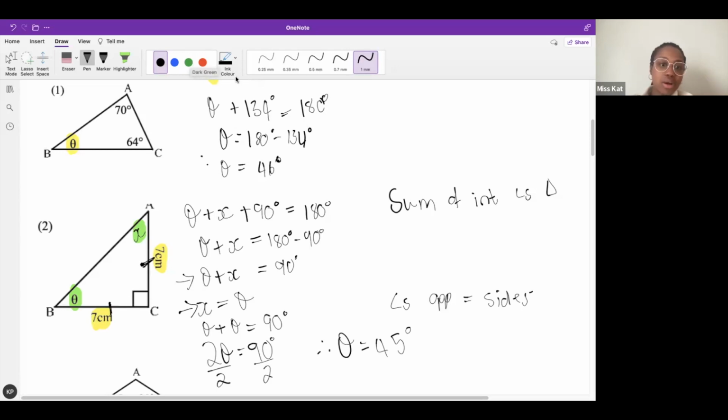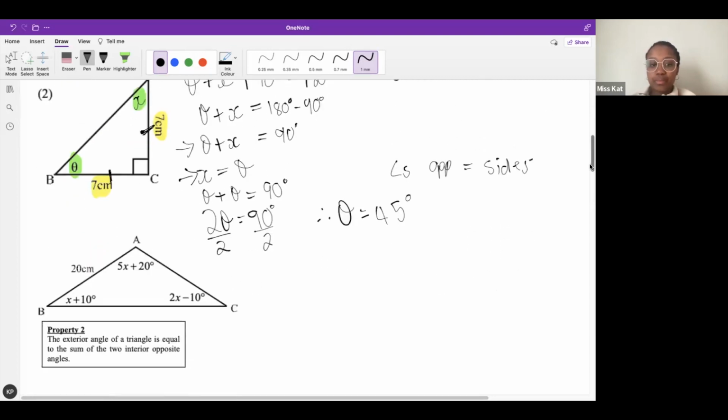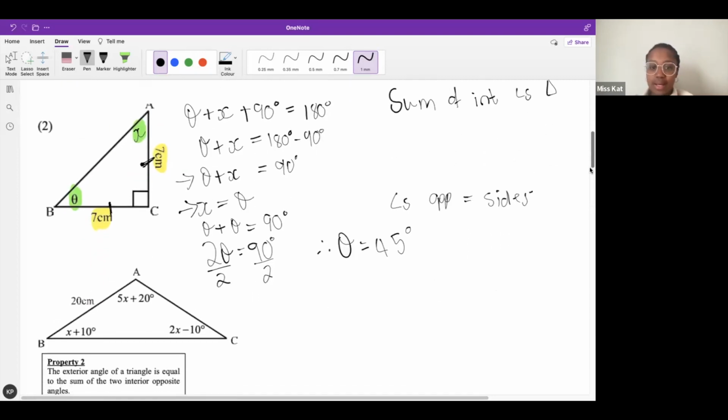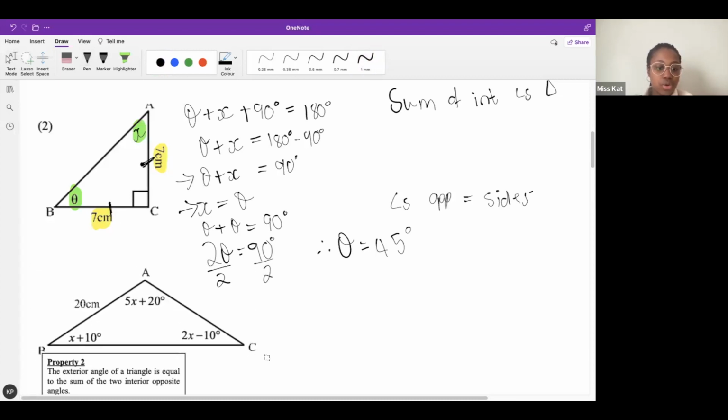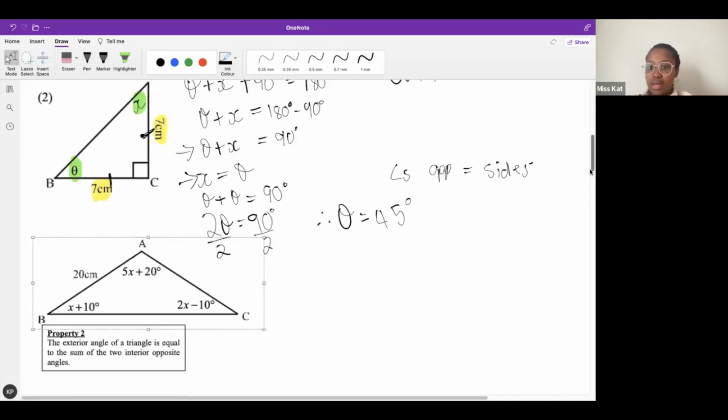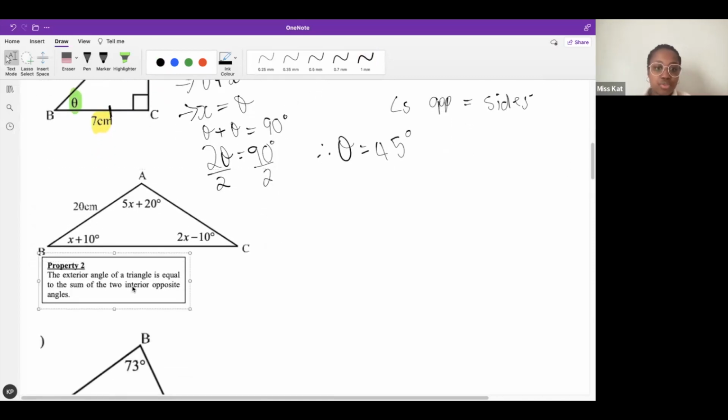Can we do another example? Let's do one more. It's okay, Asamkele, welcome. Let's do one more. This is our new triangle over here. Forget about property 2 for now.